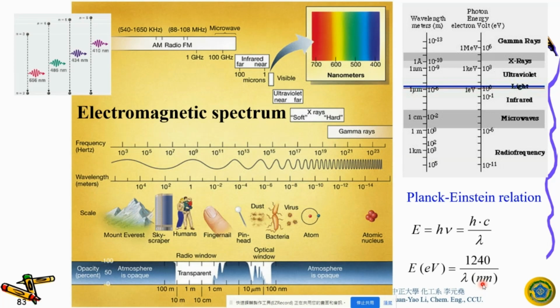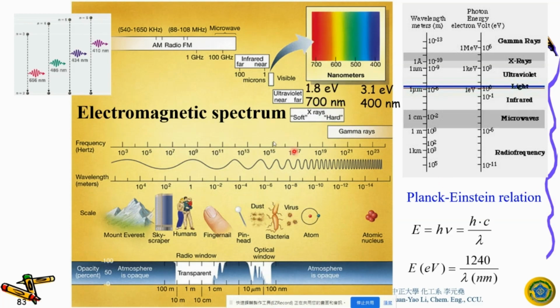Could you tell me, using the unit of electron volt? Can you do that for me? 1240 divided by 400, that will be about 3.1 electron volts. And how about red light? That will be 1.8 electron volts.